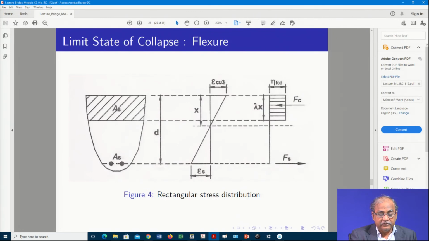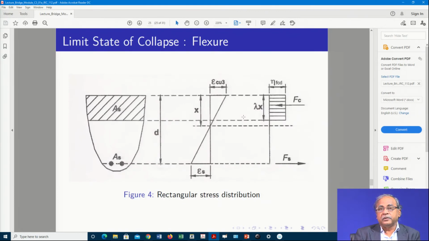So, x epsilon cu3 x, and here we are making lambda x. Instead of having the same parabolic and rectangular diagram, we make everything parabolic so that we can reduce it, and the final one will be lambda x, that is 0.2 x reduction, so that I can utilize the rectangular block.